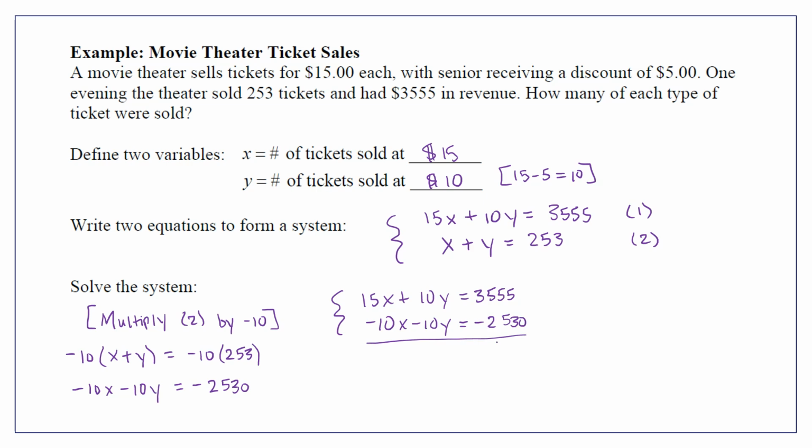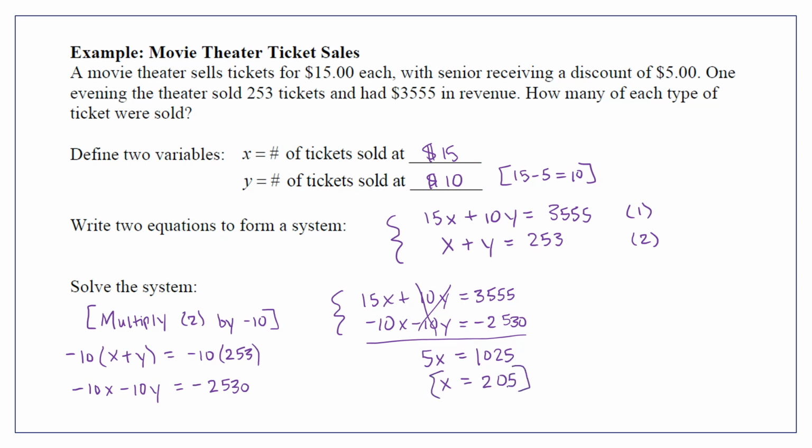So the next step is to add both of these equations together so that we can eliminate the additive inverses, which are the 10 and the negative 10. So this will leave us with 5x equals 1,025. Divide both sides by 5, we get 205.